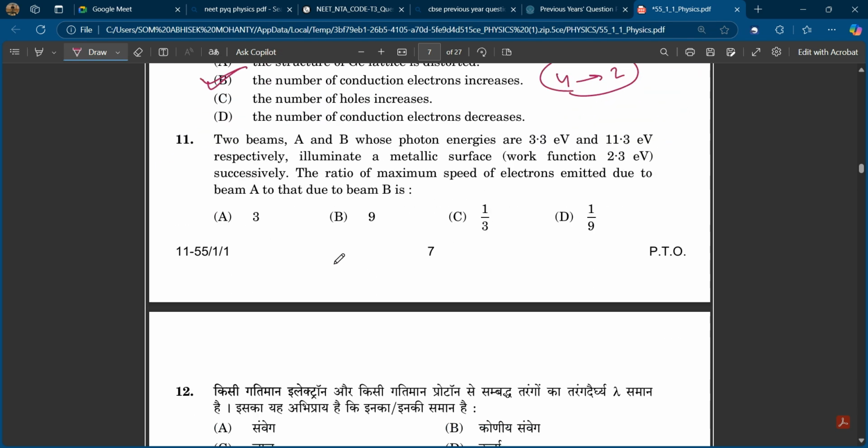Two beams, A and B, with energies given, fall on an aluminum metallic surface with a given work function.